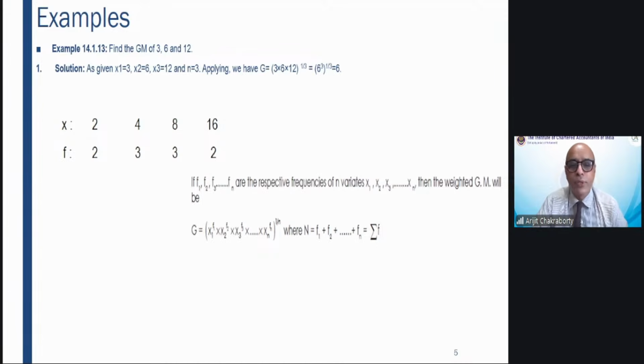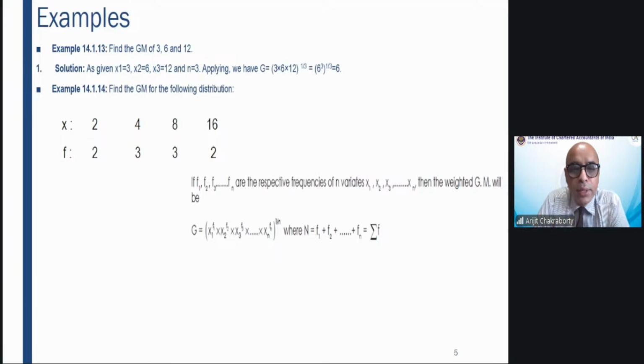The second question we see is where we have some frequencies. This is 14.1.14. So here we have certain numbers, variable x: 2, 4, 8 and 16, and each of the values has a particular frequency. So in this scenario, how to find out the geometric mean?